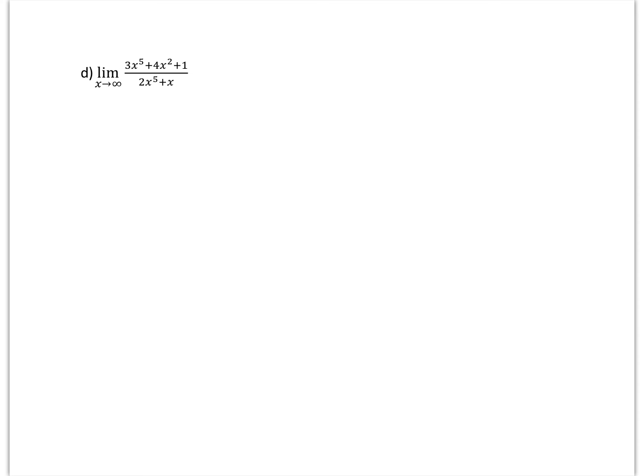Now I want to take a limit as x approaches infinity. So what is happening to the y values of this function as the x values get bigger and bigger? I like to think of this as two functions that describe money in a bank account. So picture a large number, a million.